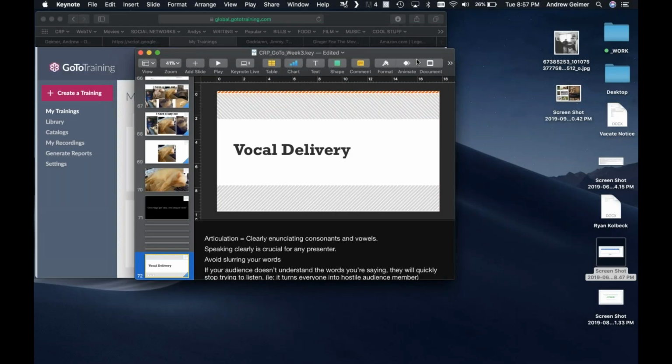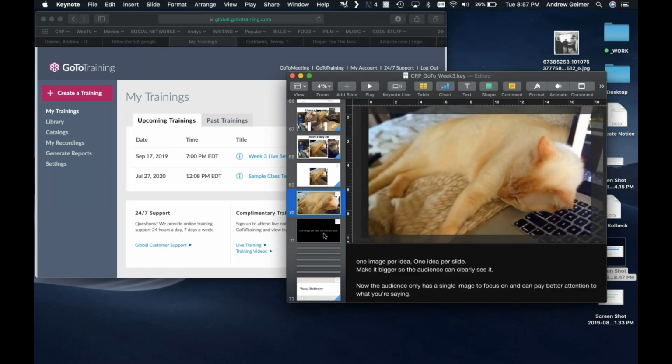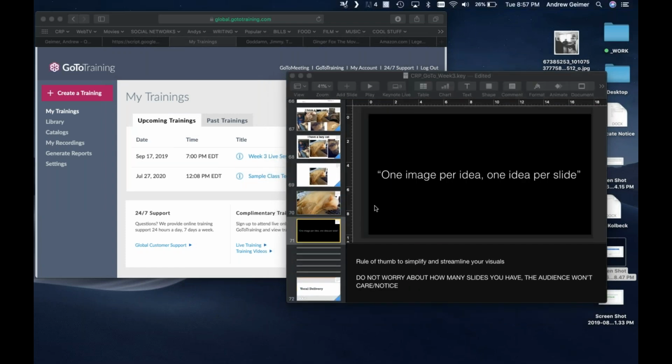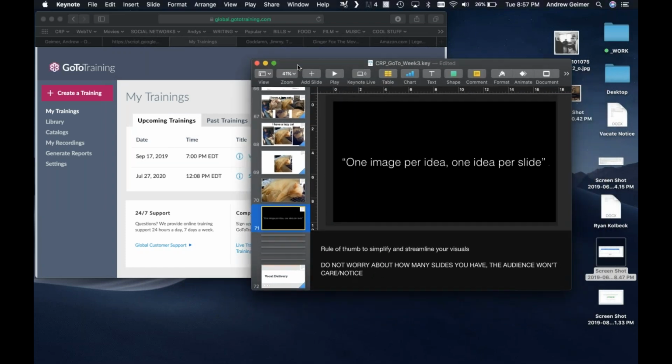This is very interesting. Anyone else? We got 90. Shooting high. Let's see. I am on slide number 71. There's 71 slides.